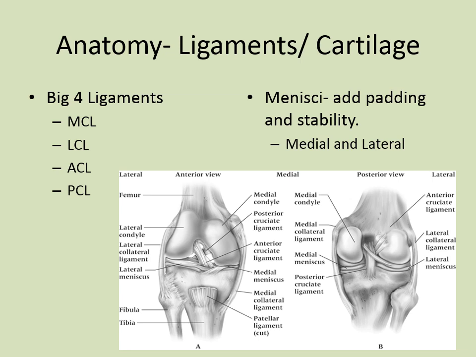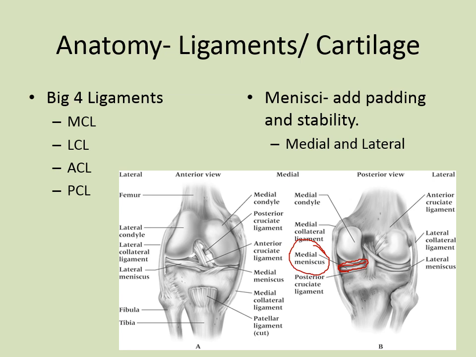The menisci in the knee, singular is meniscus, add padding and stability. So this is the big toe side, the medial meniscus is right in here. So the medial meniscus is a slightly different shape than the lateral meniscus, so we can usually tell the difference if we're looking at it in a picture.